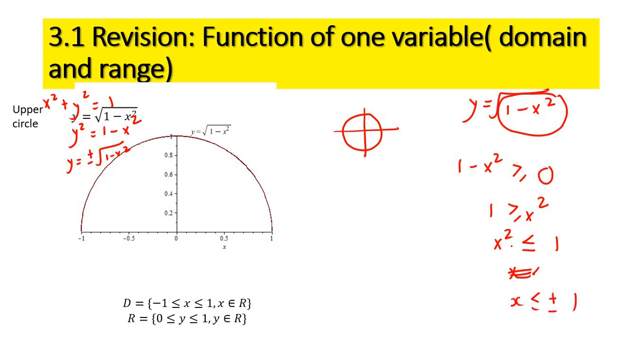This one is wrong, because when you have an inequality, you have a way to do it. But since we know this is on the graph of the circle, x is defined from negative 1 to positive 1. That's why the domain is from negative 1 to 1, and the range, the value of y, is from 0 to 1 for this case.